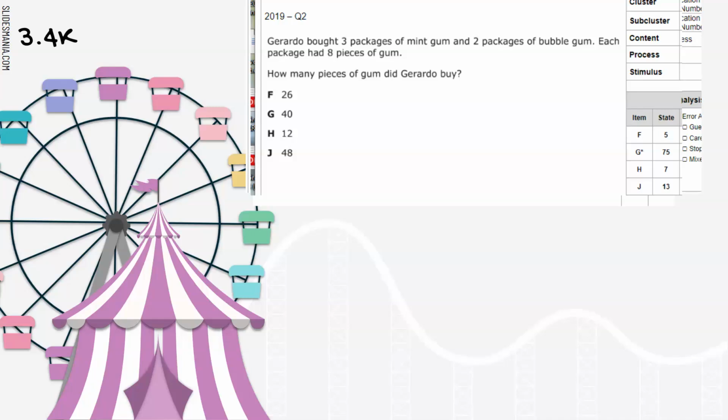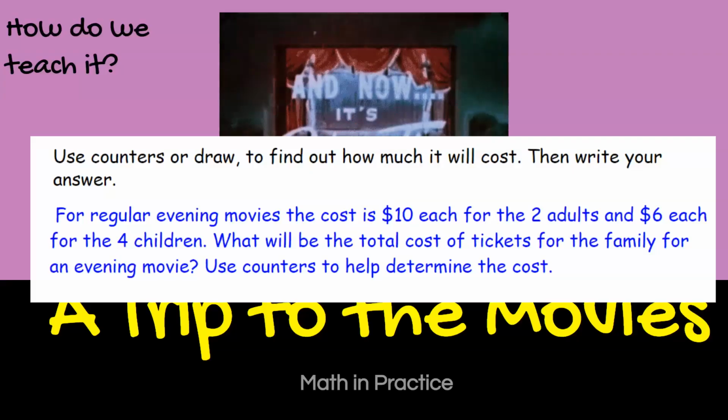So I think that is fabulous because right now that's where we are. We're 1 digit times 1 digit, but within the context of this great problem solving. Okay. And you'll notice that in your teaching. So how do we teach this? We're going to use counters or draw to find out how much it will cost, then write your answer.